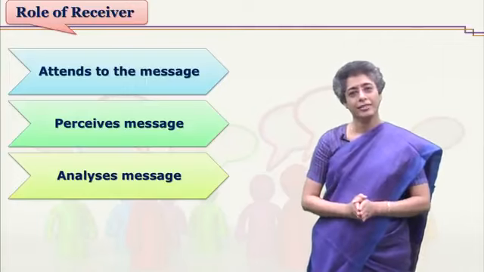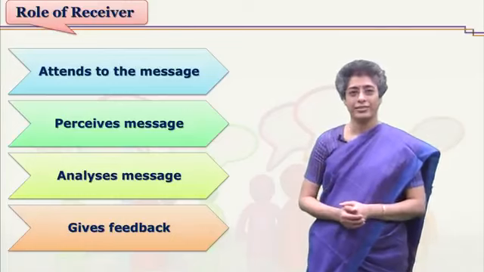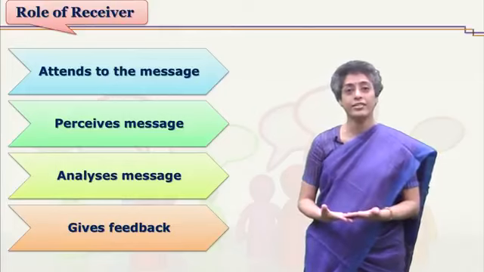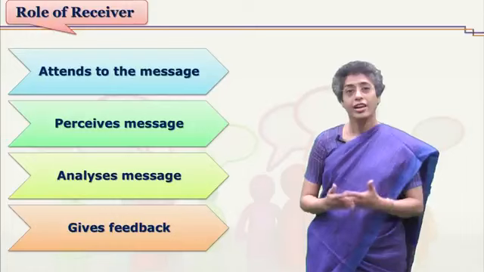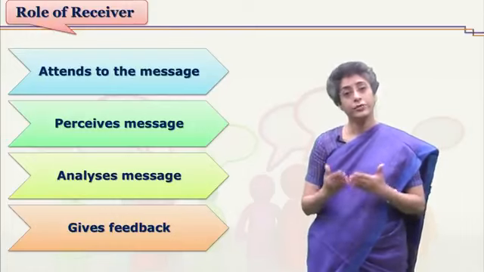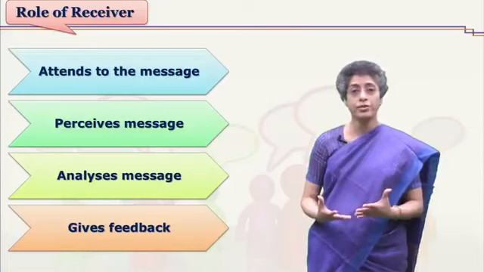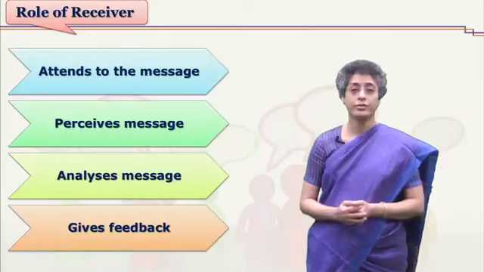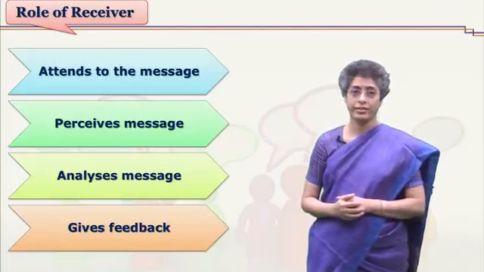After analyzing the message, the receiver needs to give feedback. Basically, receiver responds back to the sender saying that I have understood the message and this is my feedback. This feedback may be positive or negative, but this is just the process of letting the sender know that I have received your message and this is my response to your message.